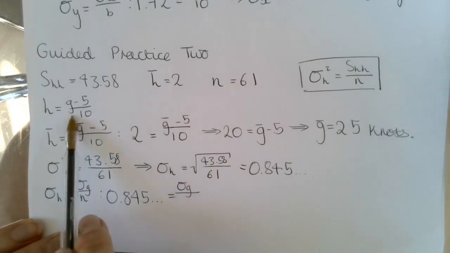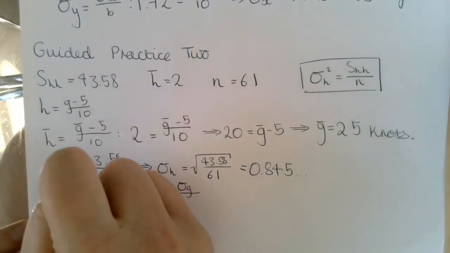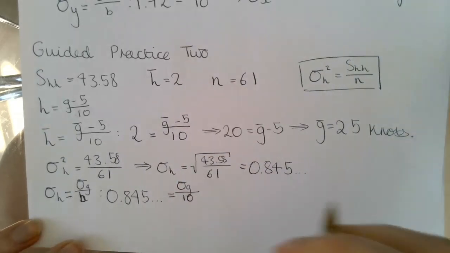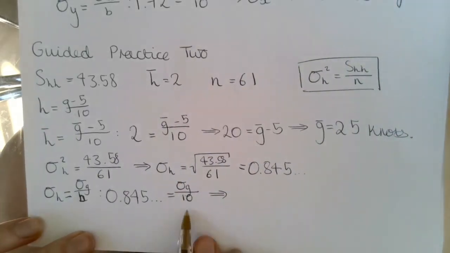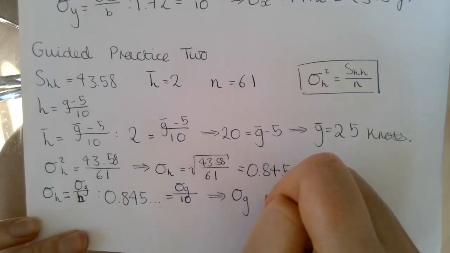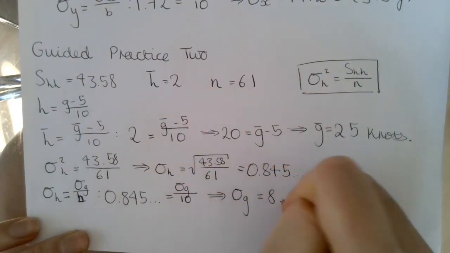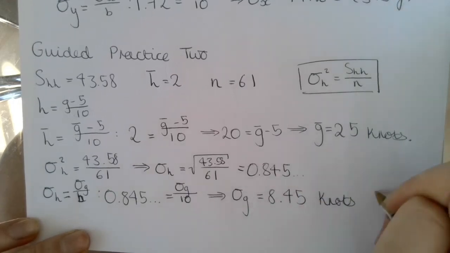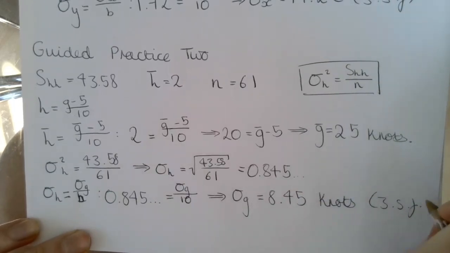It's that value of b when we've been coding it. So I'm just going to change that to b. We're dividing it by 10, which means that if we multiply both sides by 10, the standard deviation for G is equal to 8.45 knots. So 3 significant figures.